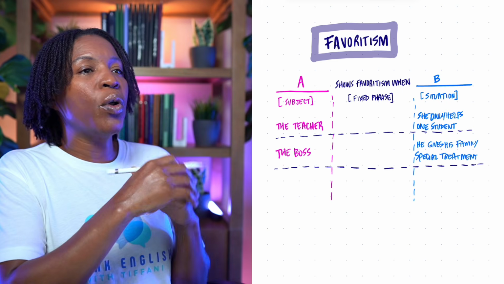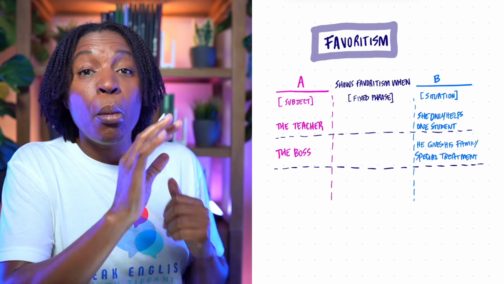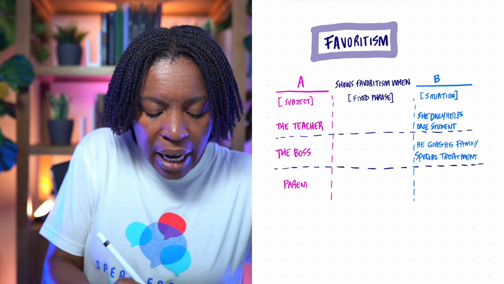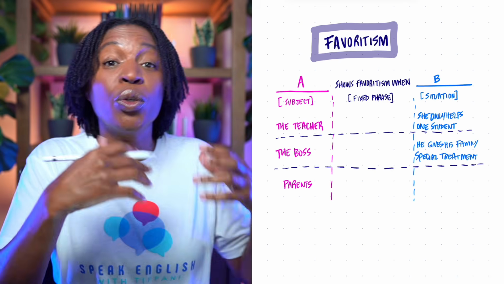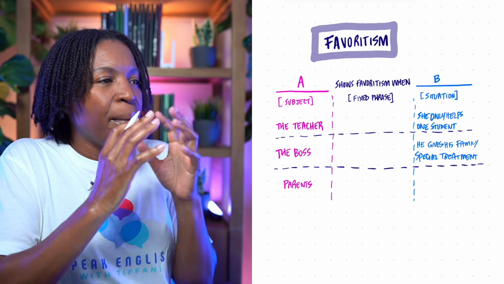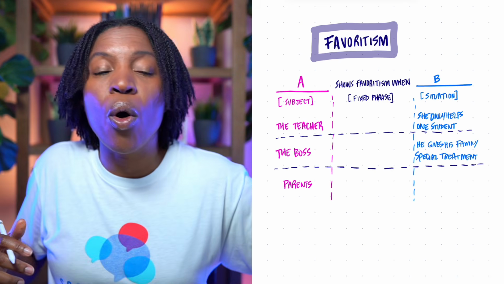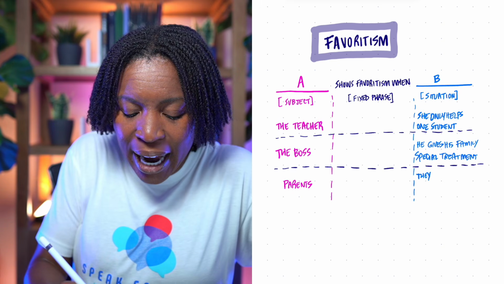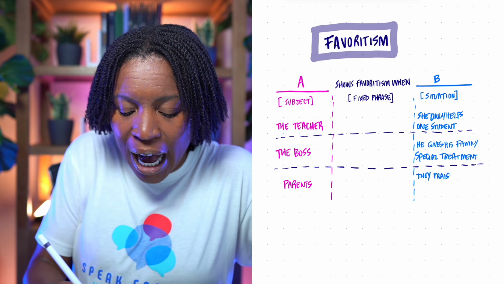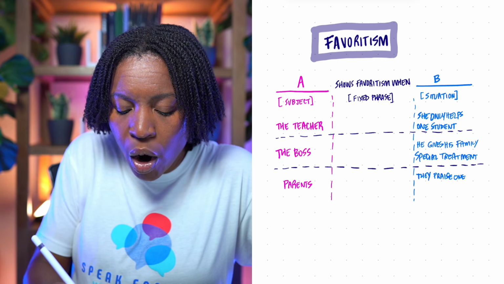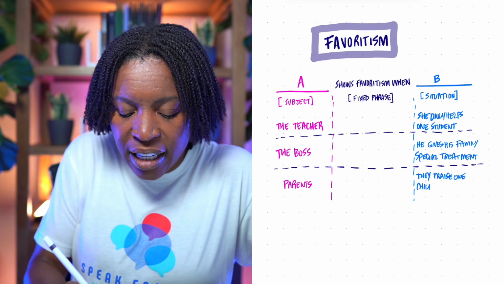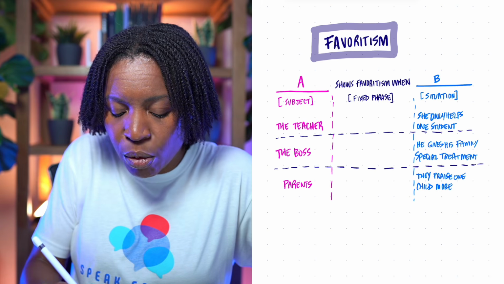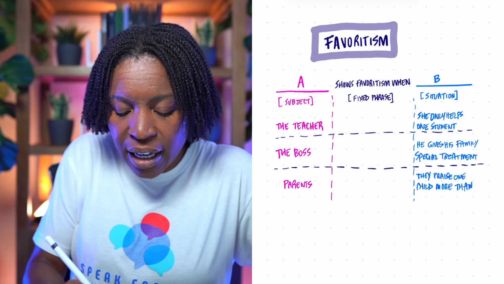For this example, letter A, the subject is going to be parents. And then for letter B, or the situation, we'll say they praise one child more than the others.